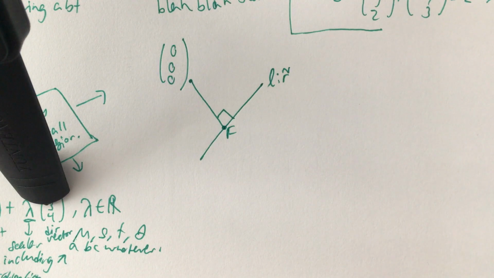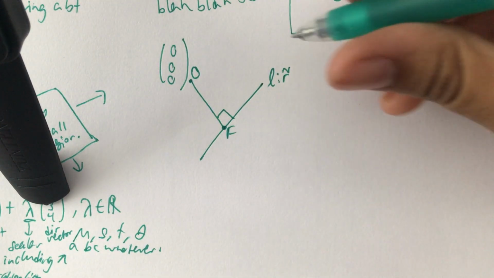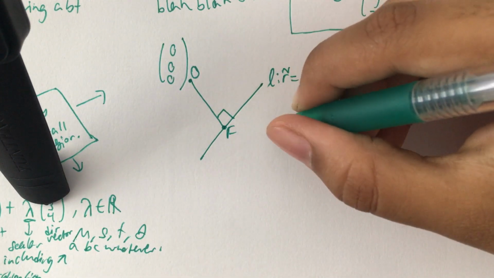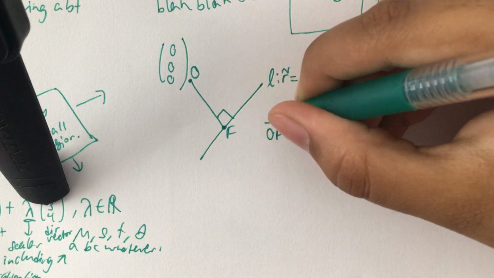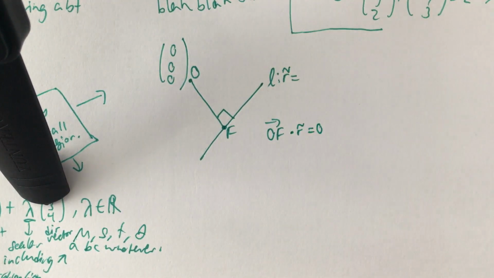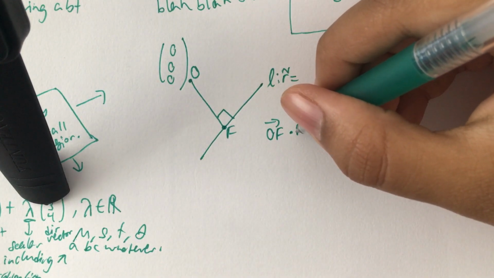Let's say the origin is O and your foot is F. So OF dot the line would be equal to 0, because, wait, is it equal to 0? Yeah, it should be equal to 0.